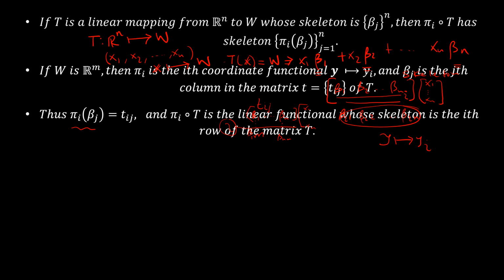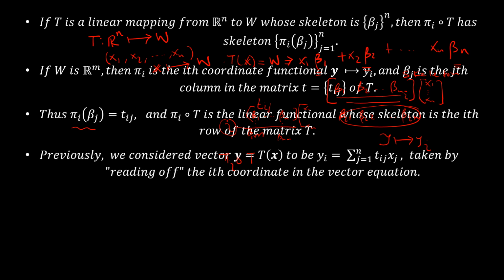But the skeleton here is the entire row. So in other words, pi i composed with T is a linear function whose skeleton is the ith row of the matrix, as we stated.